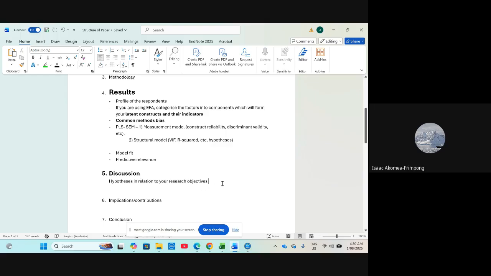So for example, if I made a claim or a hypothesis that good is better than evil, this may be a hypothesis that I formed in my introduction or the literature review section, which is the conceptual or theoretical framework section. I made a claim that good is better than evil, right? This is a hypothesis I formed.